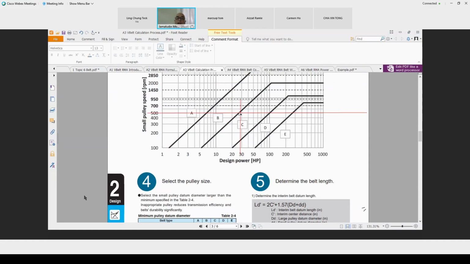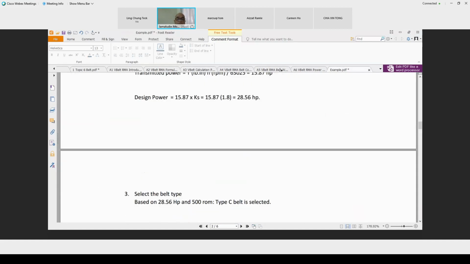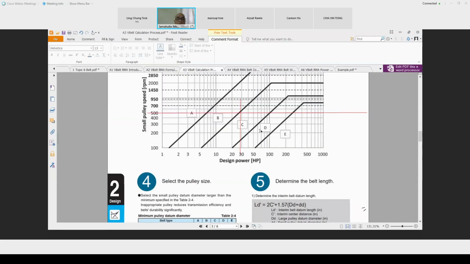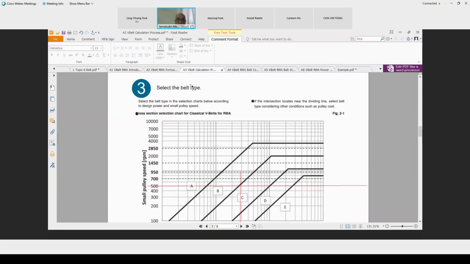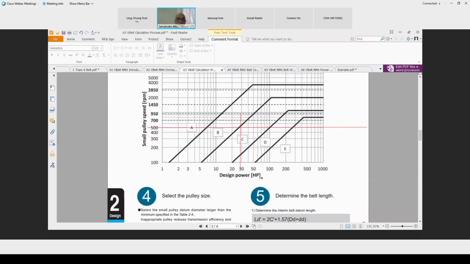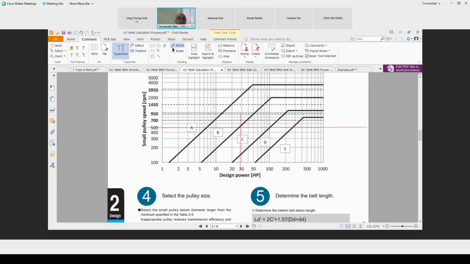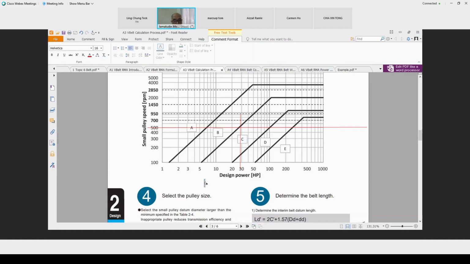That means in this case we are choosing C because it takes more power. That's what it means. So based on step number 3, based on your design power as well as your RPM, we decide on C type. C type selected.